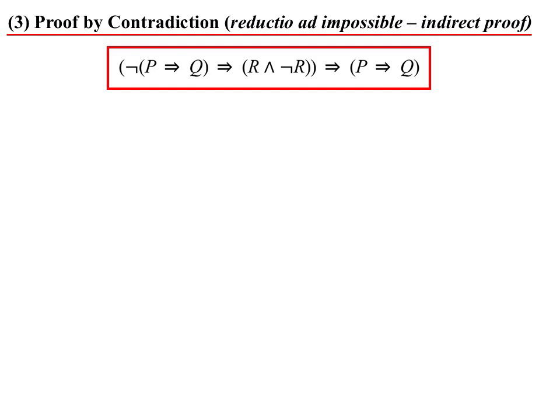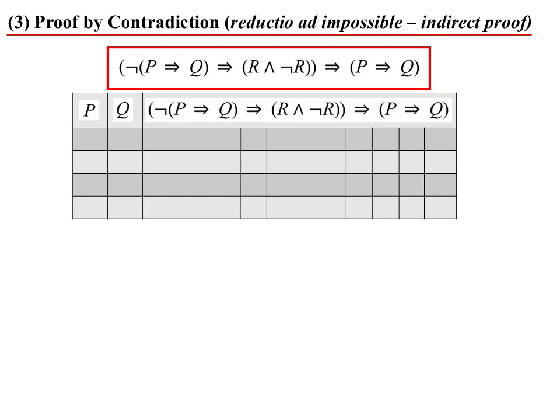So what we're saying is, if we have the negation of P implies Q, but then that ends up with a situation where we have both R and not R, so whatever it was we ended up assuming, we end up both true and false, which is of course impossible, then that implies P implies Q. In other words, if we end up with R and not R, then this can't be true, therefore the other bit must be true, P implies Q.